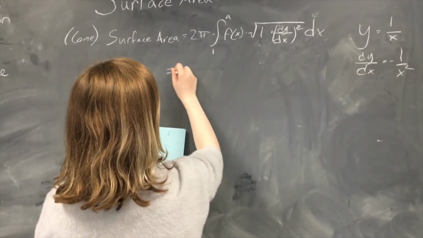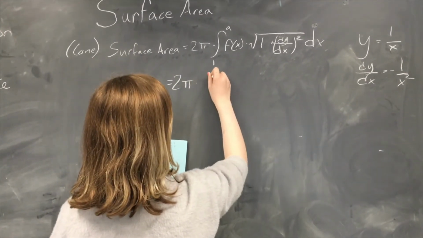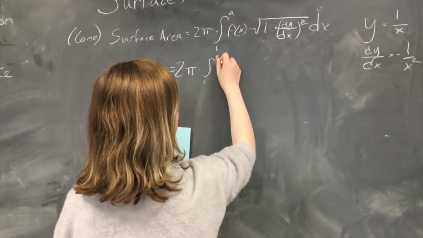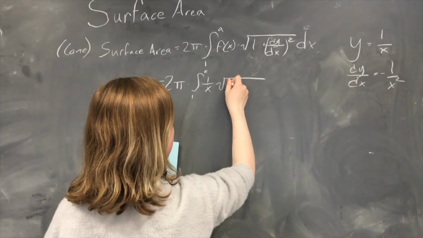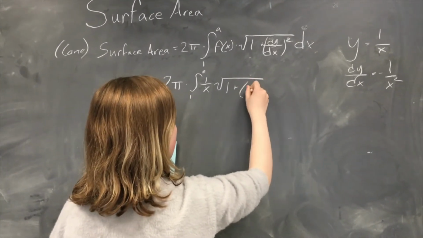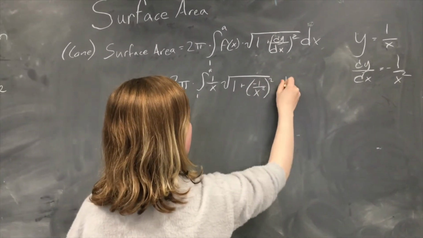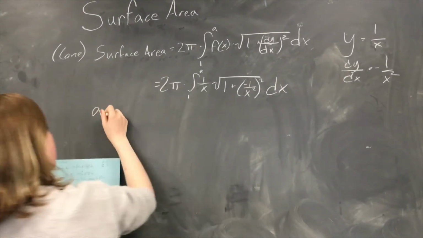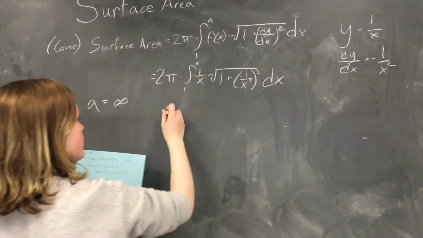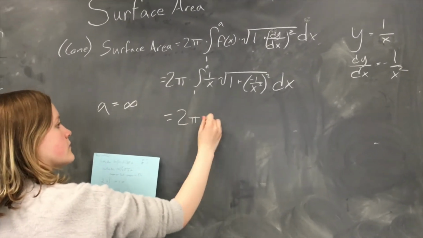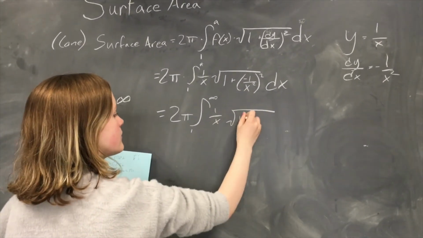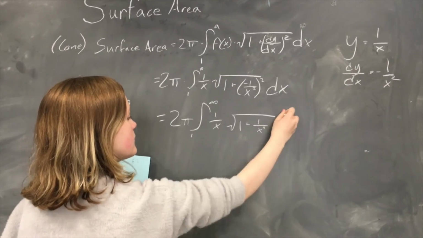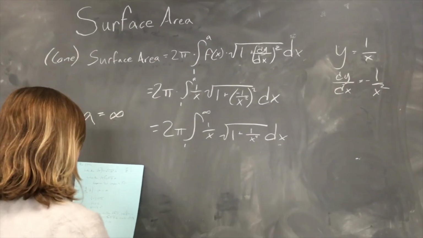All we need to do now is substitute these values in, which gives us 2 pi times the integral from 1 to infinity of 1 over x times the square root of 1 plus negative 1 over x squared, quantity squared, where 1 over x is the function and negative 1 over x squared is its derivative. Simplified, it is 2 pi times the integral of 1 over x times the square root of 1 plus 1 over x to the 4th dx.